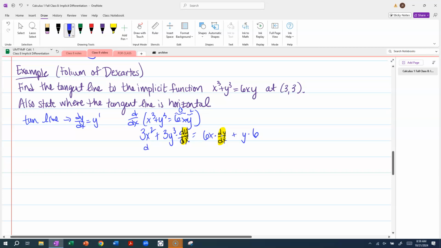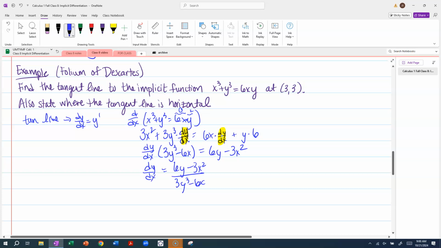If I move the dy dx's to the left-hand side and factor, what am I left with? 3y cubed minus 6x is equal to 6y minus 3x squared, and then solving for dy dx, I would get 6y minus 3x squared over 3y cubed minus 6x.